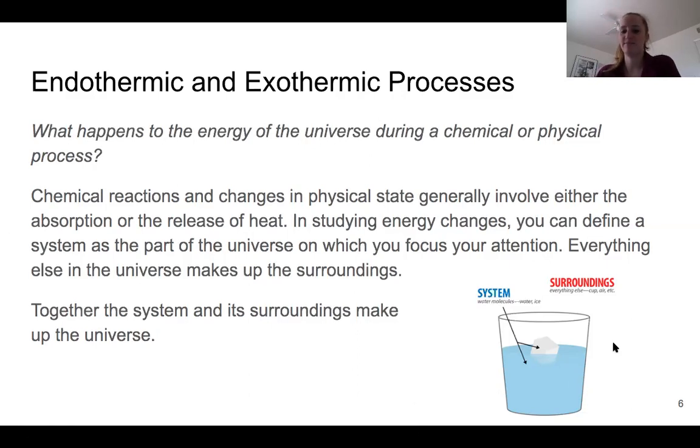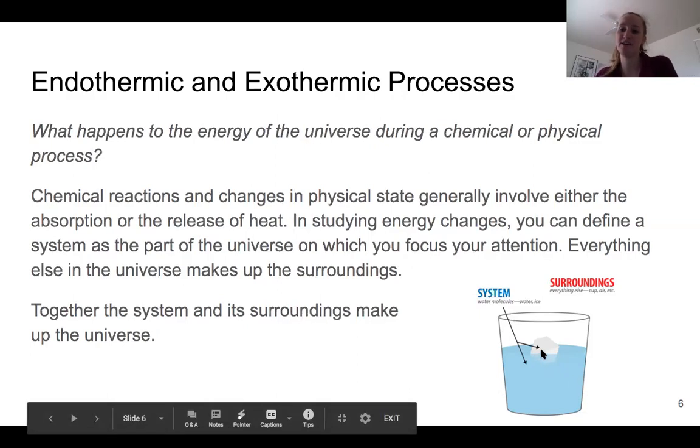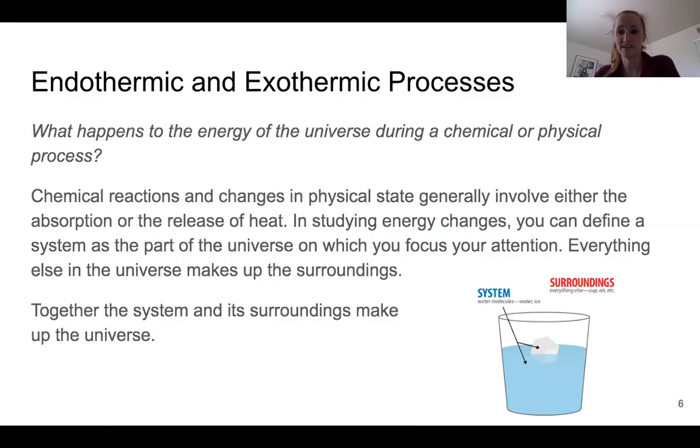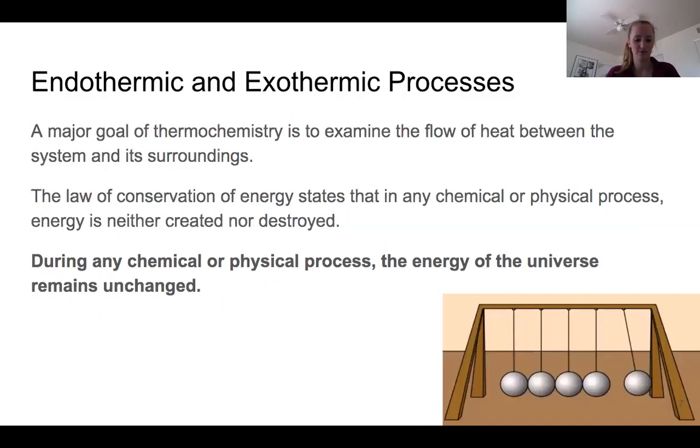And let's say we're going to focus on the ice cube. That is going to be our system. That's what we are focusing on. The surroundings would be everything else. So the air, the cup itself, all of those things would be the surroundings. Okay, so keep that in mind as we move on to the next couple things here.